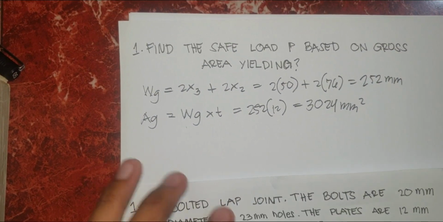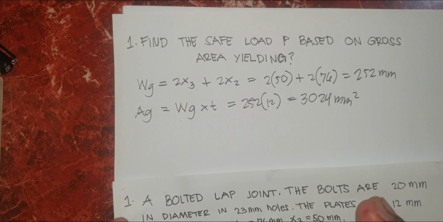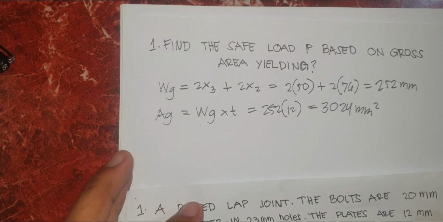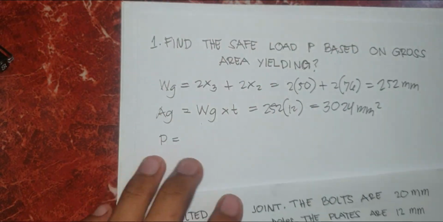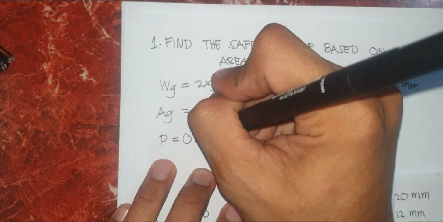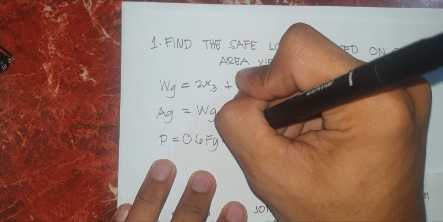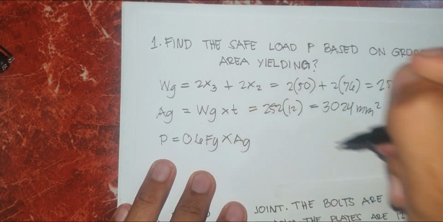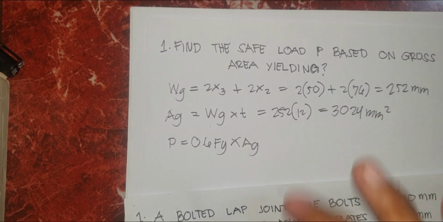So now we have the gross area and the gross width, and we can find the load P. P equals 0.6 Fy times AG, the gross area.